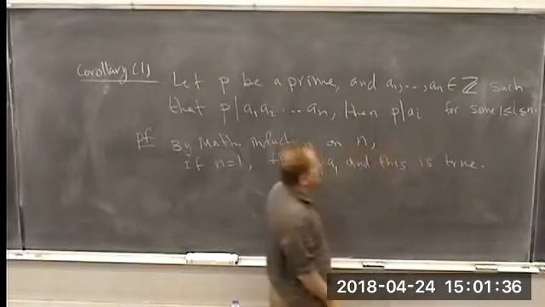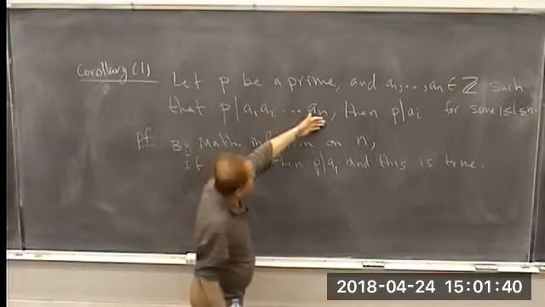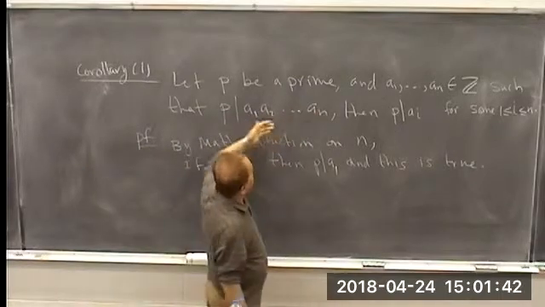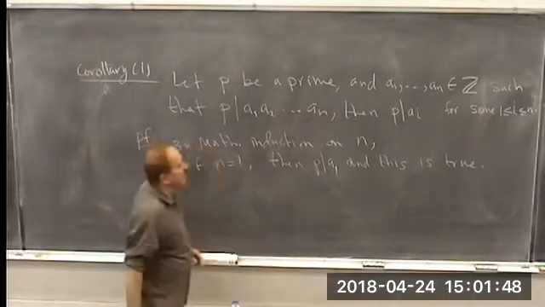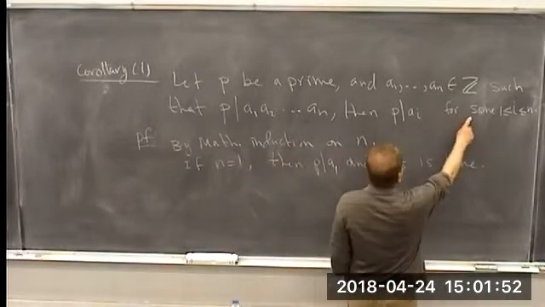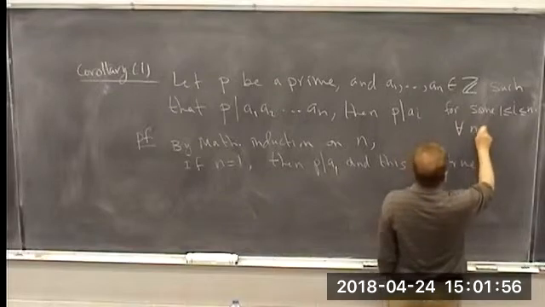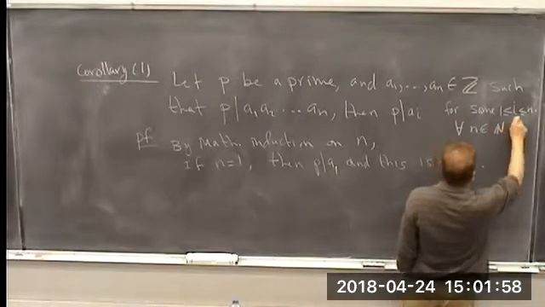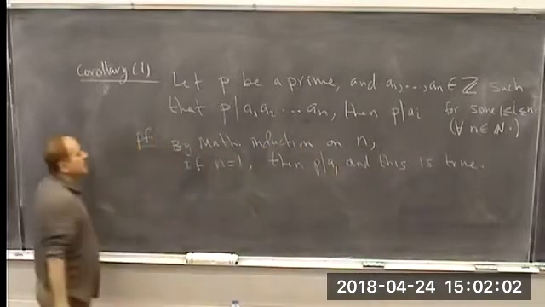If P divides this product, then P divides AI for some I, and this is true for any n. Maybe I should say it here: this is for some I, and this is for every n. Well, it's implicitly there, but we will spell it out.